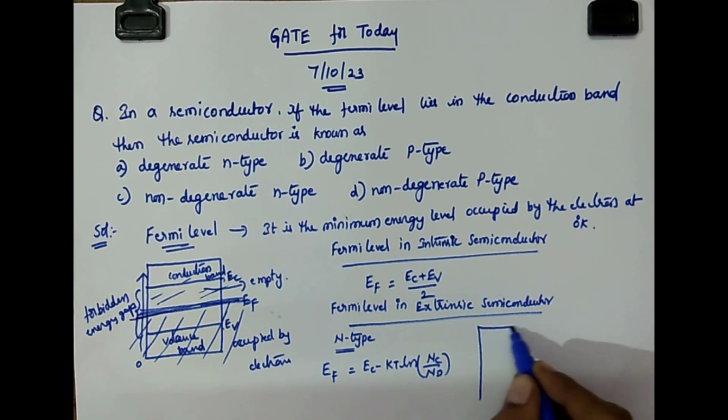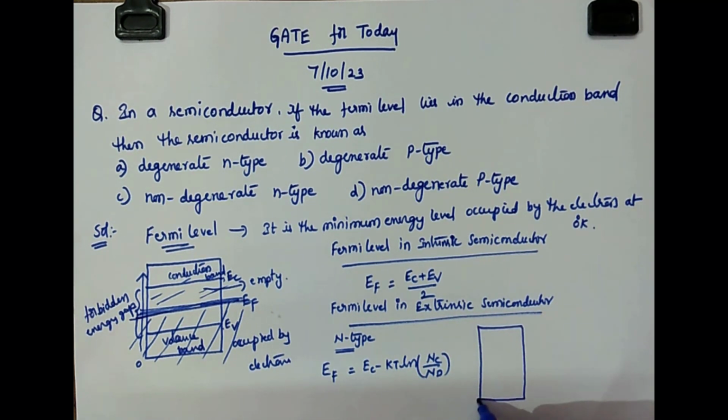Take the band diagram. This is valence band and this is conduction band. This is EV and this is EC. So in the n-type material, the Fermi level is below the conduction band energy level, means it is nearer to the conduction band energy level. The reason is, to generate n-type extrinsic semiconductor, we have to dope with pentavalent atoms.